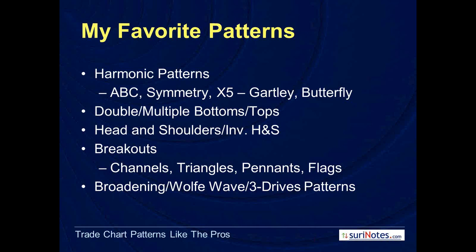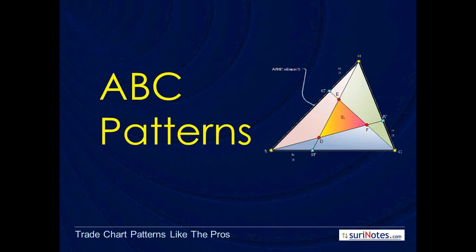And the last one is broadening, wolf waves, three drives. Three drives is relatively easy, but broadening and wolf wave are much more complex. They're also very rare patterns, but broadening is probably one of the most reliable, that means most successful patterns. But it's a very rare pattern. When you do see these patterns at the bottoms and tops, statistically it's one of the most successful patterns.